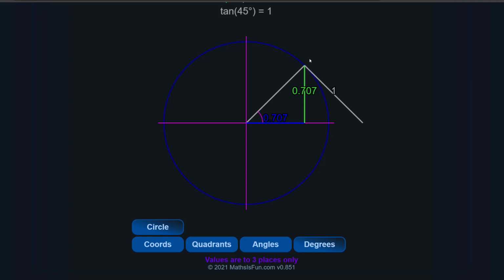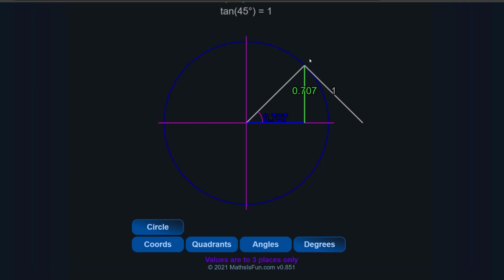The isosceles right triangle has both sides equal to each other, and those sides, the blue side is the cosine of this angle, and the green side of this triangle is the sine of the angle 45 degrees, and the tangent of this angle 45 degrees is the ratio between the opposite and adjacent, which is 0.707 divided by 0.707, meaning the ratio is 1, and therefore the tangent of this angle 45 degrees is 1.